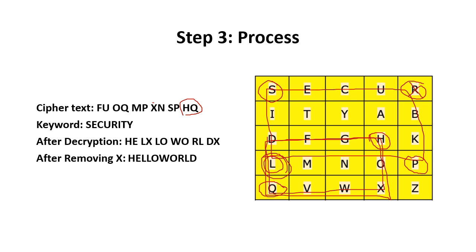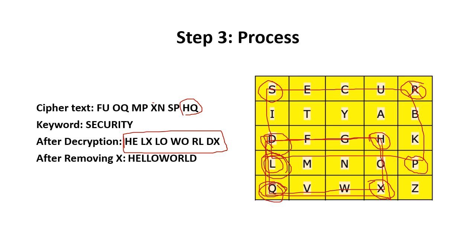So we have to find the elements which are at the corners. Instead of H, we have to write D, and instead of Q, we have to write X. So after completing all this decryption process, we have got this as the result.